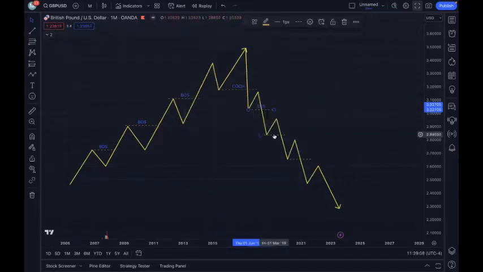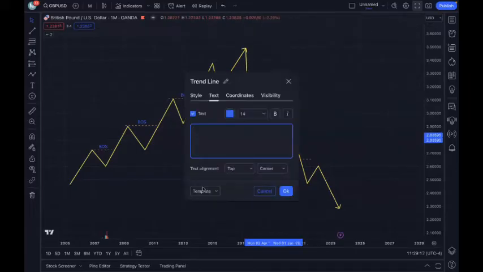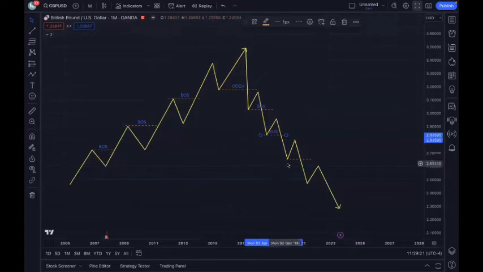Break of structure on a downtrend. So you see, this is all you need to know, ladies and gentlemen.